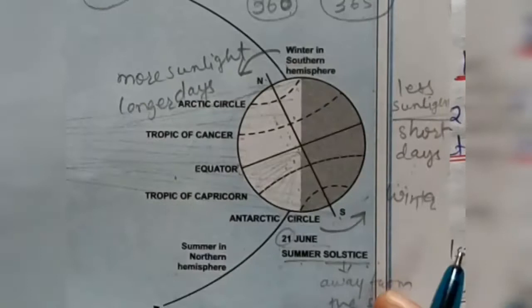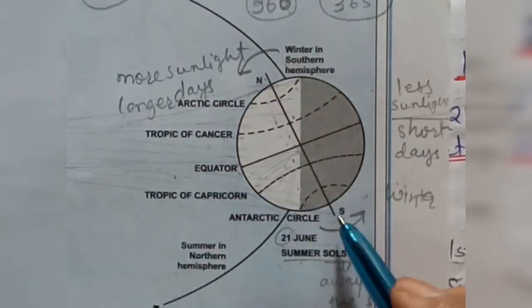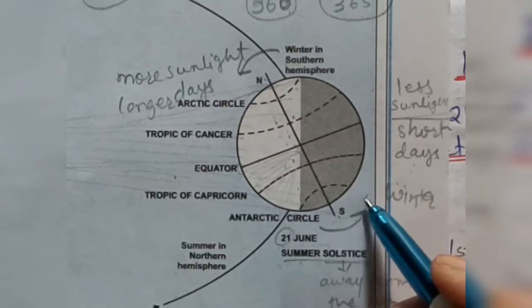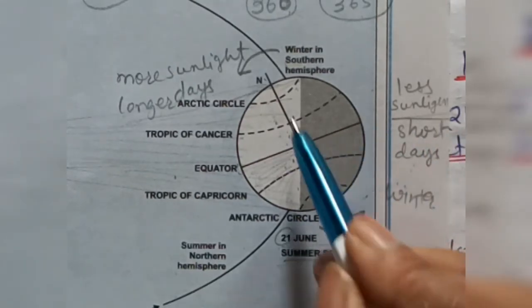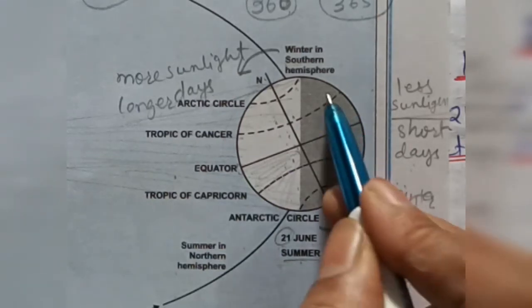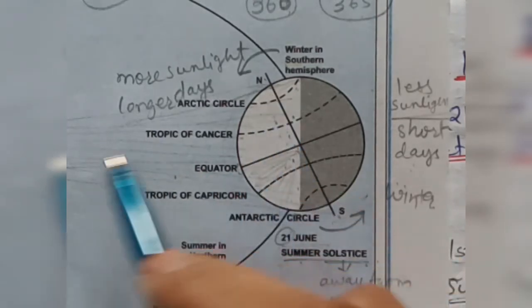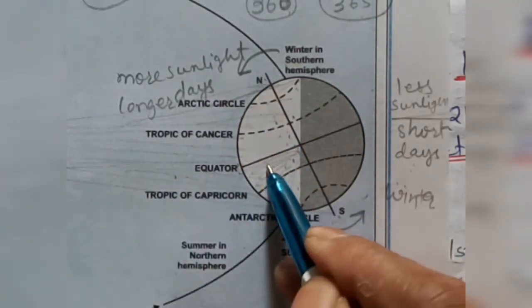Then you can see here the North Pole and South Pole. The North Pole is towards the sun and the South Pole is away from the sun. In this way, in the southern hemisphere less sunlight is reaching, and in the northern hemisphere more sunlight is reaching.